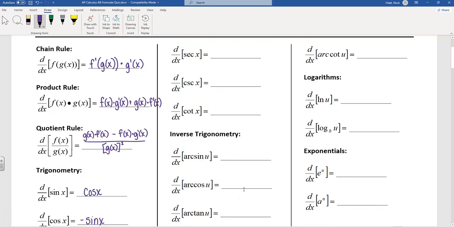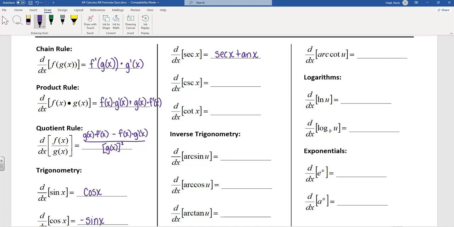All right. Secant, secant x tangent x. And something like that, again, if it's the only thing you forget, you can probably still make a 5. There's not going to be so many problems that you can't make a 5 without that.